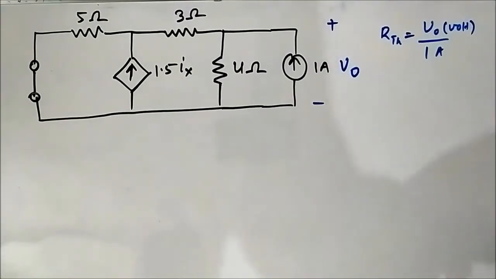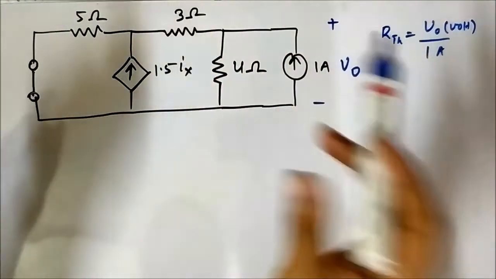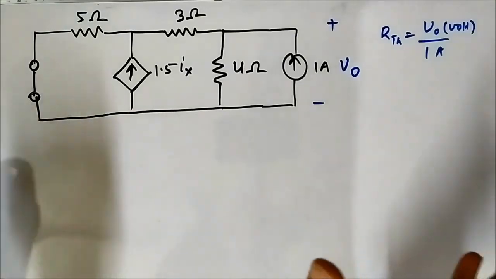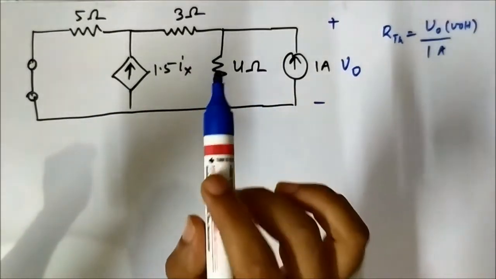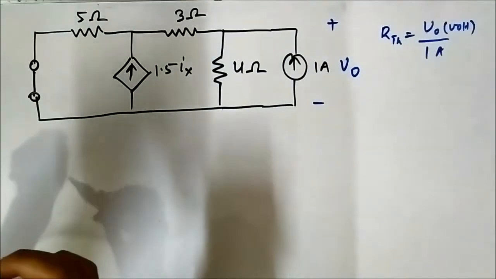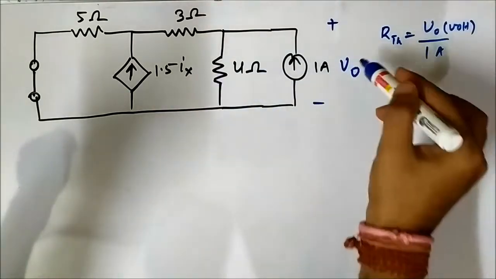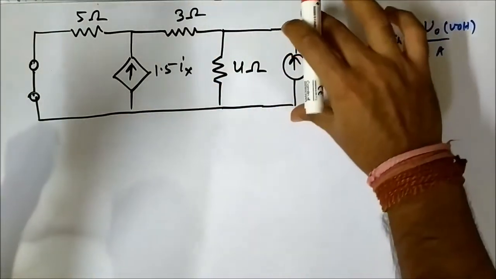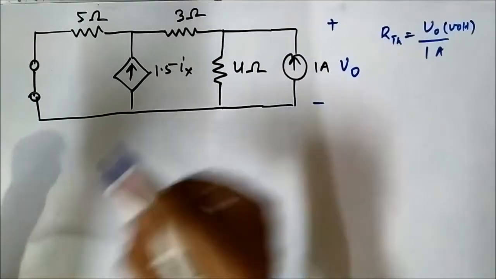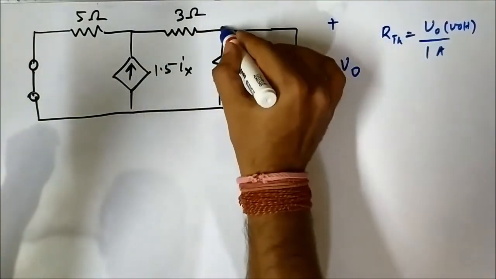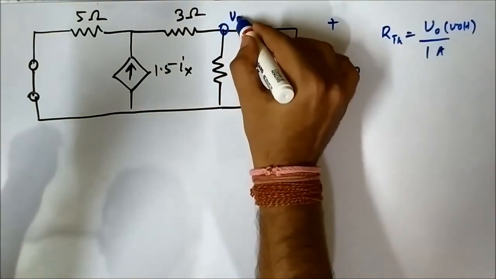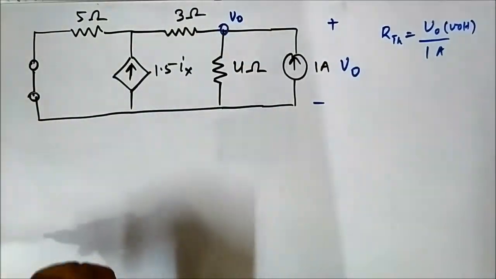Now looking at this circuit, we can use the nodal analysis method here. V0 is the voltage across this current source, no resistor, so here also it will be V0, this node.